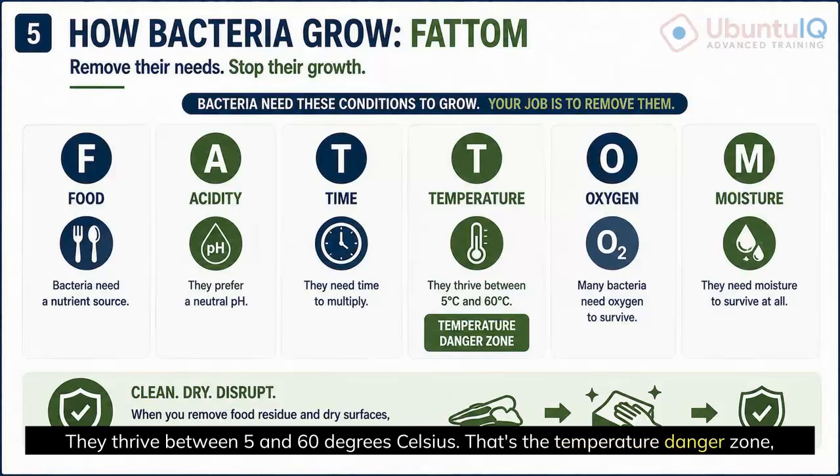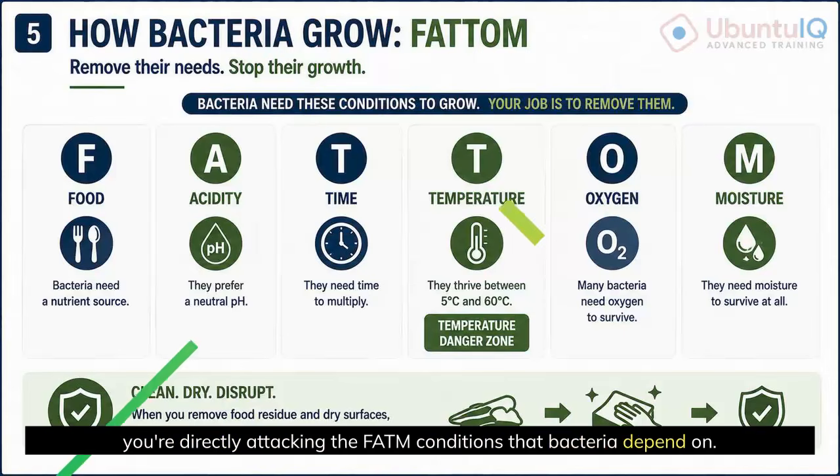That's the temperature danger zone, and they need moisture to survive at all. A food production environment provides most of these conditions readily. Your job is to remove as many of them as possible. When you clean away food residue and dry surfaces thoroughly, you're directly attacking the FATM conditions that bacteria depend on.